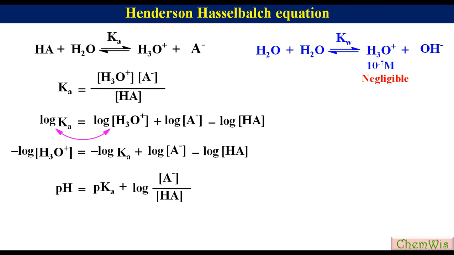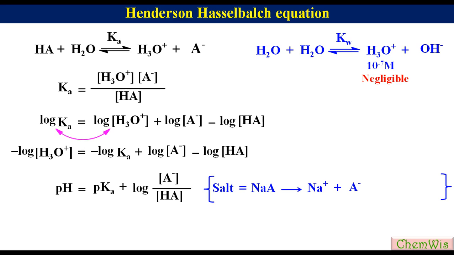Now we will make second approximation. Suppose the salt that we have taken is sodium salt, NaA. This salt undergoes complete dissociation to produce Na plus and A minus. So whatever A minus we are getting, it is only from the salt.